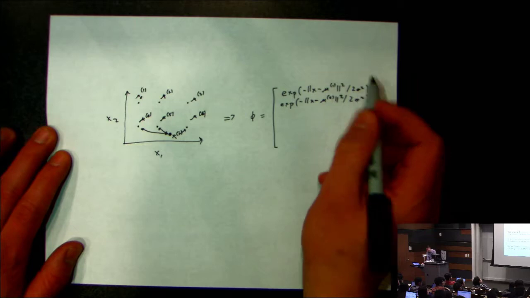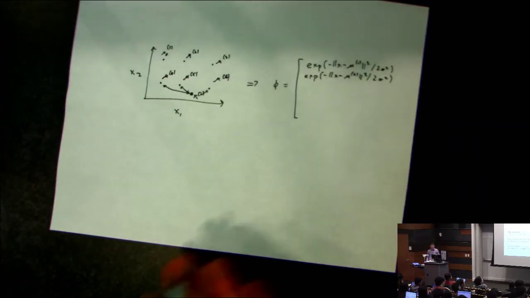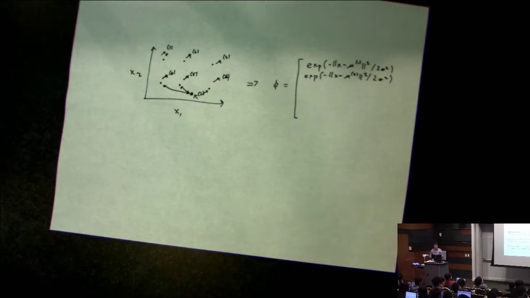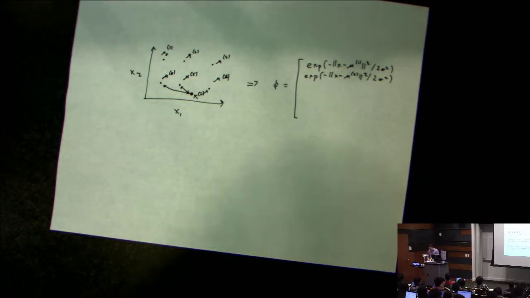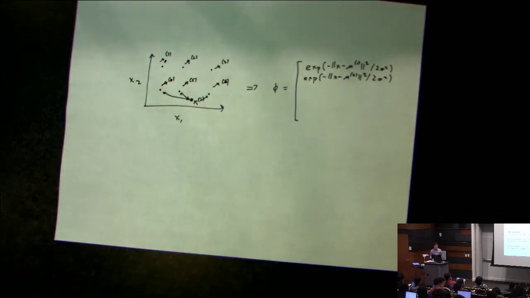So it's going to be really big, and the negative of that is going to be really small. So those terms are almost 0 for every center except the one that you're really close to. For every center, most of these terms are going to be 0, except for the one you're right next to.